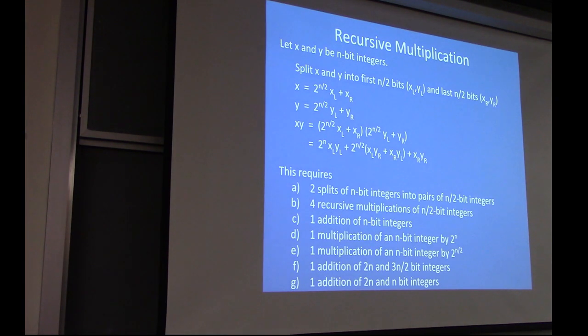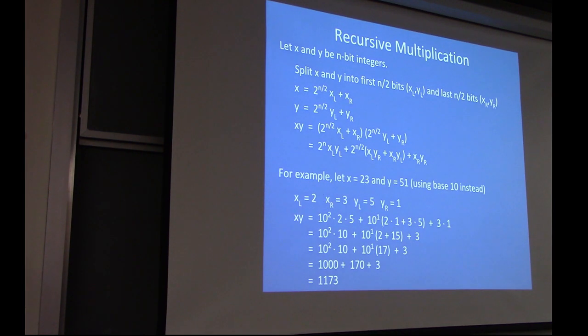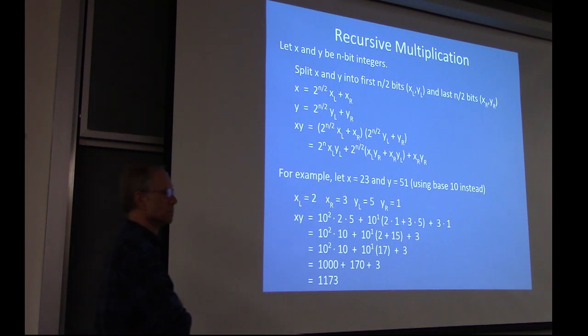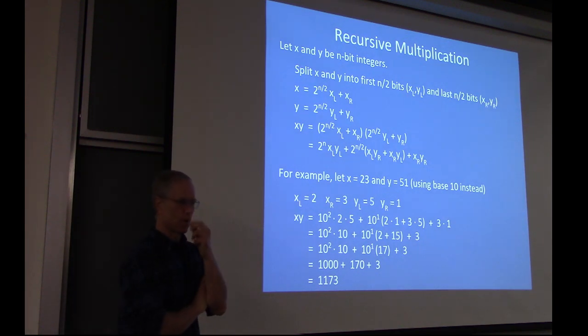And before I go there, how would you describe the algorithm? If you had to teach it to grade school kids, how would you describe it? What do you do?